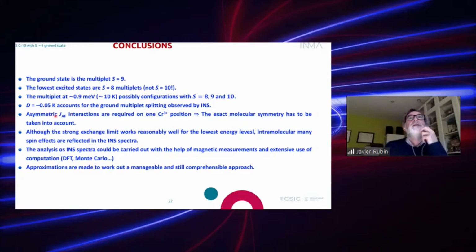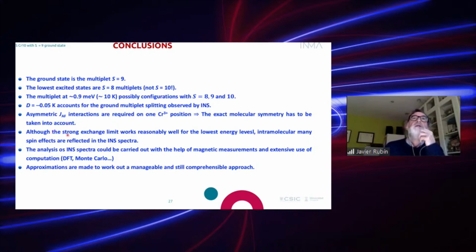It's important to note that we need some asymmetric interactions around one of the chromium atoms, which is particular inside the ring. And the important thing is that the exact molecular symmetry has to be taken into account. The approximate D5d symmetry would not give good results.